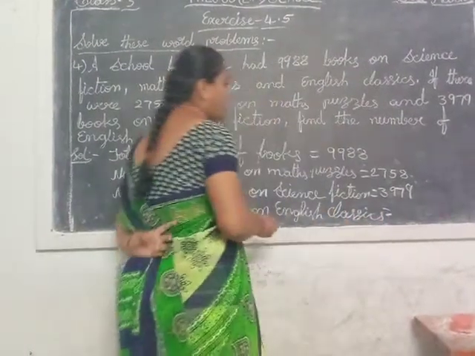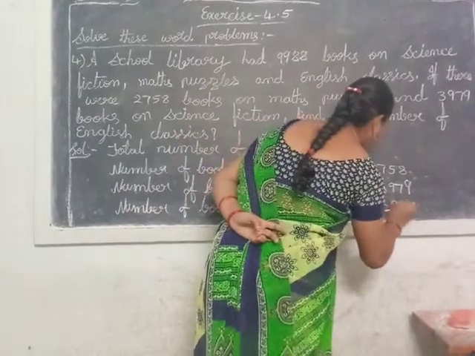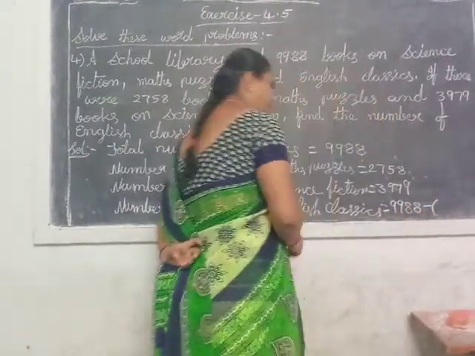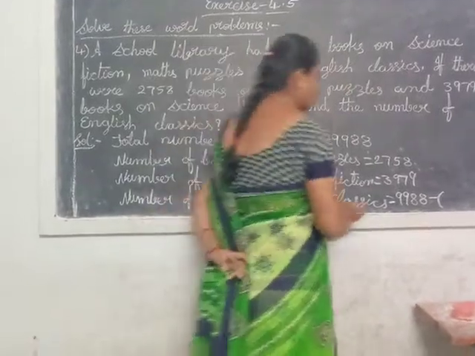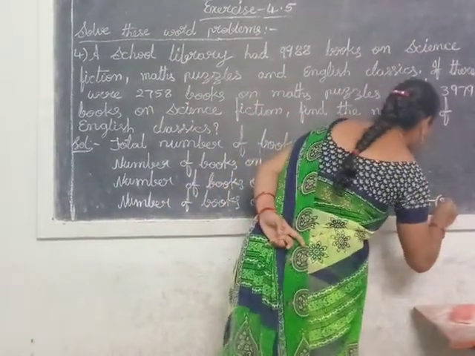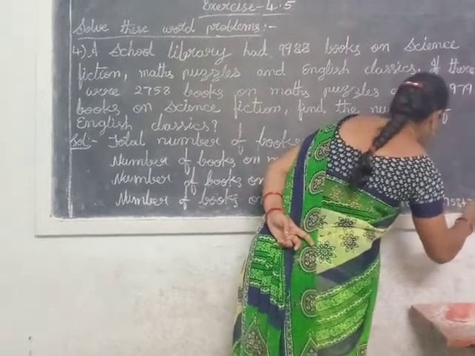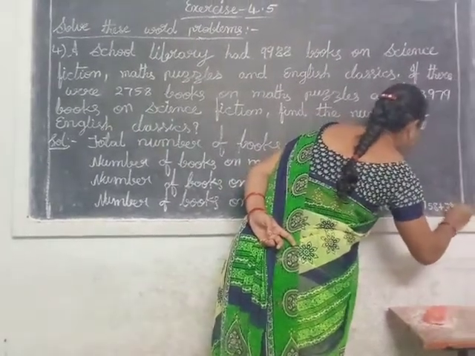So you do here first 9,988 total minus the number of maths puzzles and the number of science fiction. First we add these two numbers, 2,758 plus 3,979.